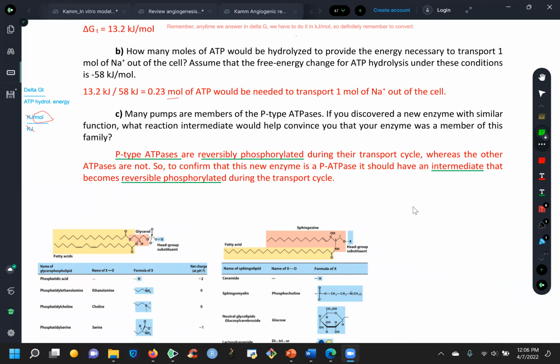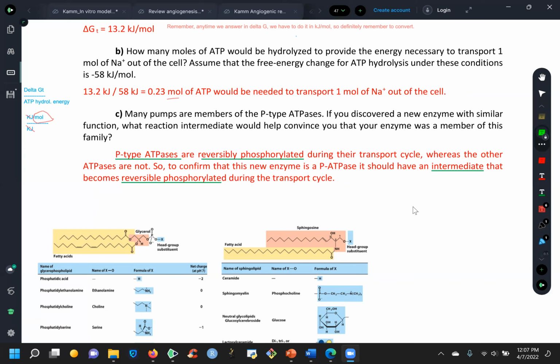A water molecule is the one that comes in and breaks the bond. So they're saying ATP hydrolysis. Hydro means water, lysis means break. So you're breaking that bond with water. That's all that means. And then we get to use 58 kilojoules.